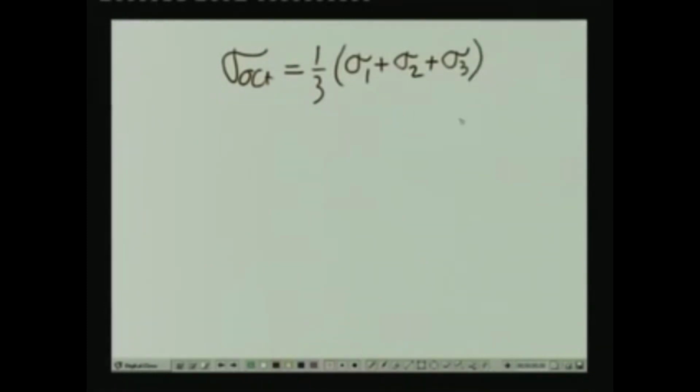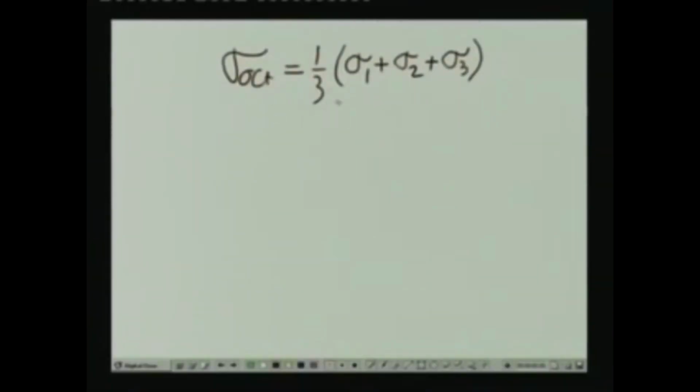If you remember, the stresses on octahedral planes which we had calculated, the normal stress sigma octahedral, is equal to 1/3 of sigma 1 plus sigma 2 plus sigma 3. We had defined the octahedral planes as the planes which are equally inclined with the principal axis reference system, and thereby the stresses which are acting are sigma 1, sigma 2, sigma 3 in the rectangular stress system.